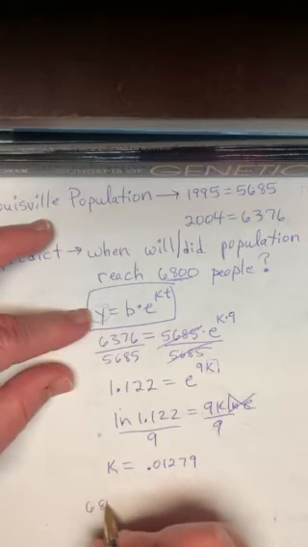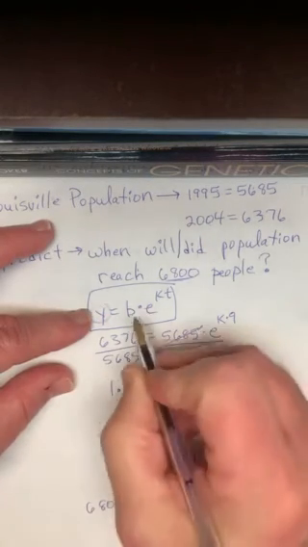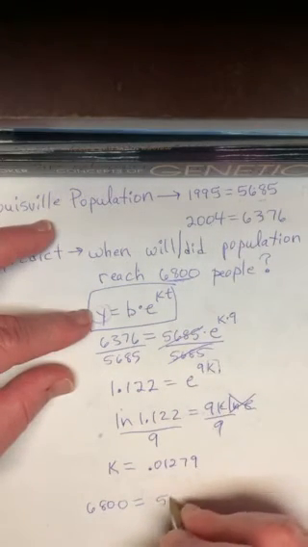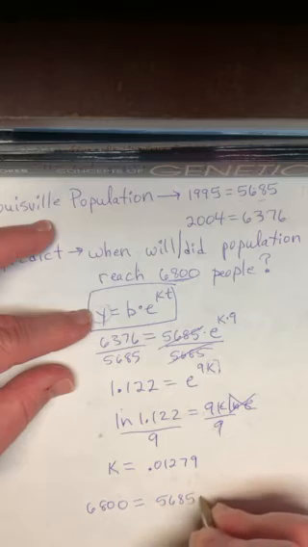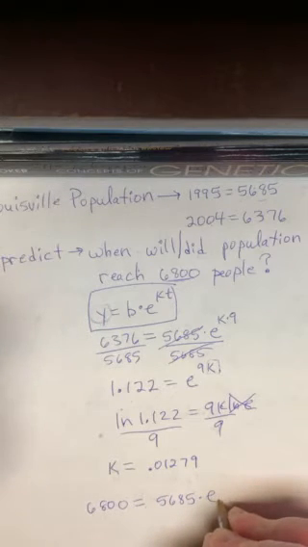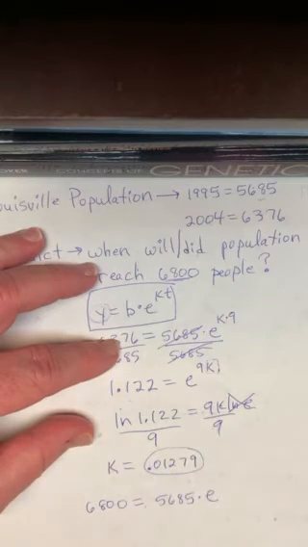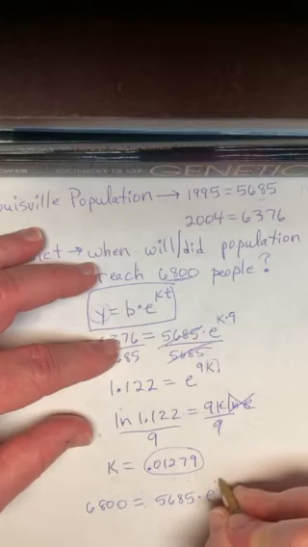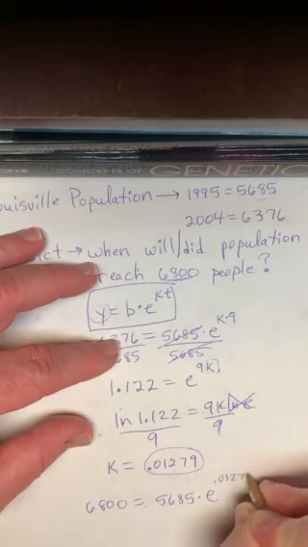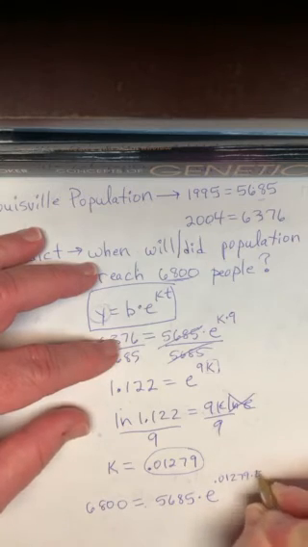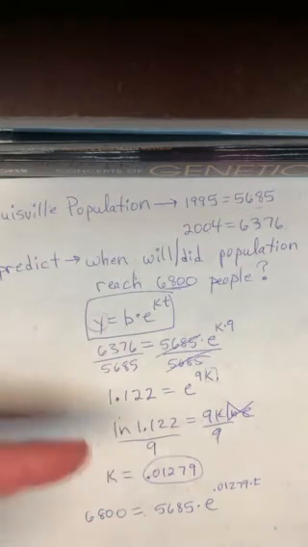So 6,800 equals, now, at the beginning of the problem, there were still, what? 5,685 people times e to the, interesting. We now have a k value to plug in, don't we? We figured out the rate it was growing. So I can put that 0.01279 up there for k times t. The amount of time it's going to take to get that many people is what's unknown.